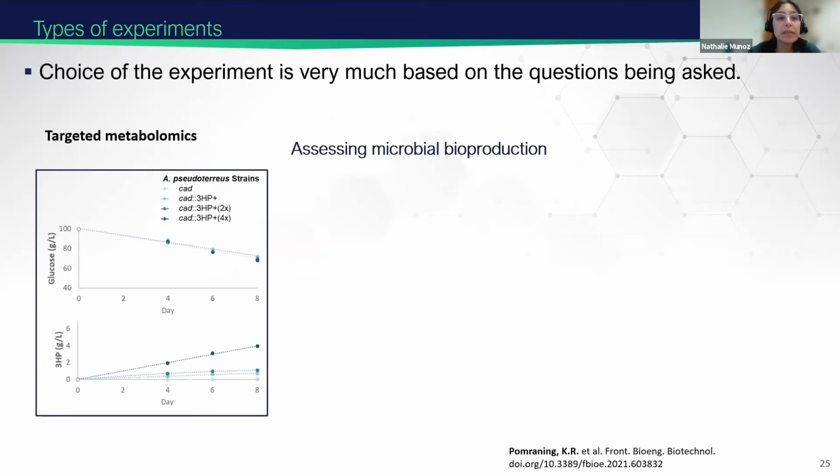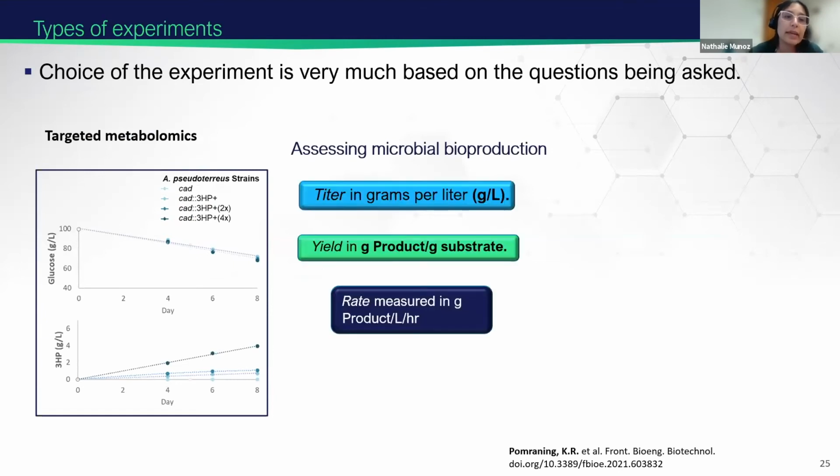So just recapping, remember that this is the set that we're studying in the tutorials, and this is Aspergillus pseudoterreus strains. If we want to measure the glucose, which was the carbon source consumed over a course of 8 days, or the production of the 3-hydroxypropionic acid, this is the approach that we use. And also, as we mentioned in day one, to evaluate microbial bioproduction, we can measure titer, yield, or rate.